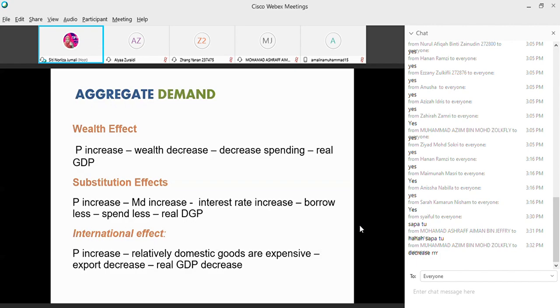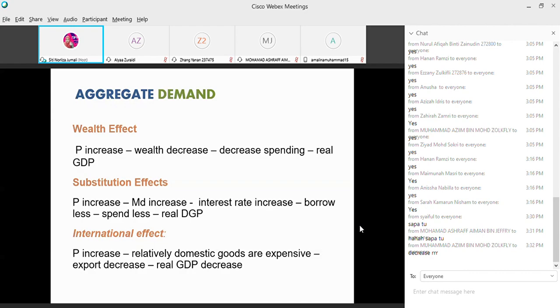So we can imagine that our export is decreasing. Right? When domestic goods become expensive, our export will drop. So when the export reduces, of course the production also reduces, and at the end, real GDP also reduces.